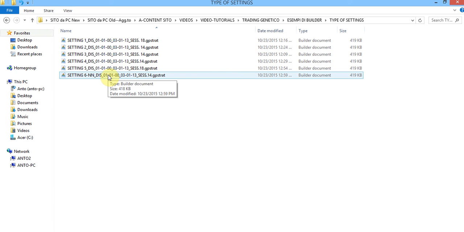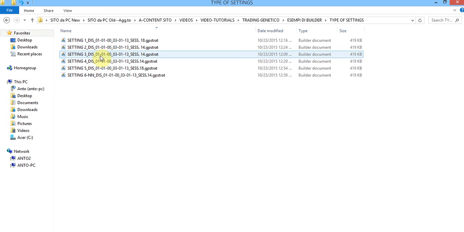The reason for creating different builder files is that if you have a powerful machine, you might decide to run them in parallel, so you might save some time. That's the reason, and also because you can easily compare the settings you are using.